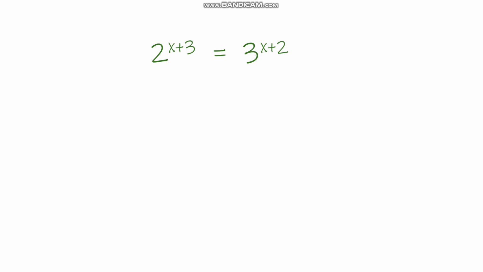The first thing to do is to take the log of both sides. Usually that's the way we solve an exponential equation, but some exponential equations won't work when using this procedure.